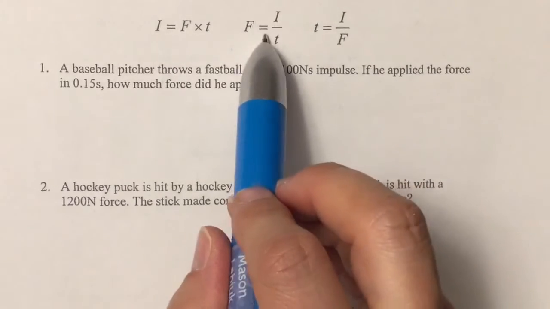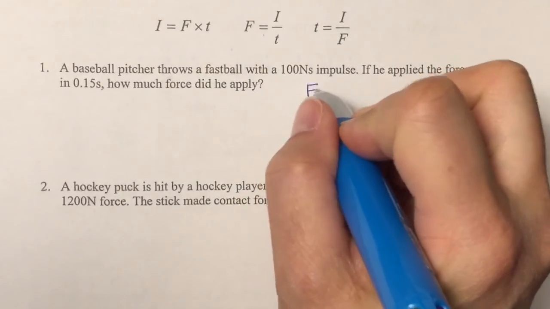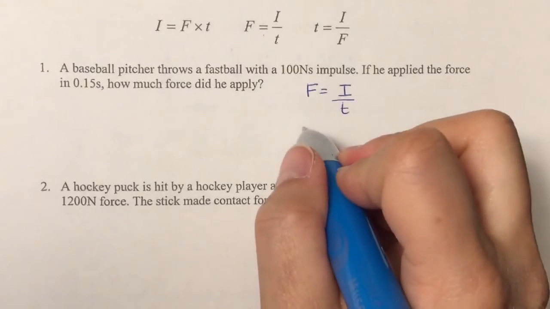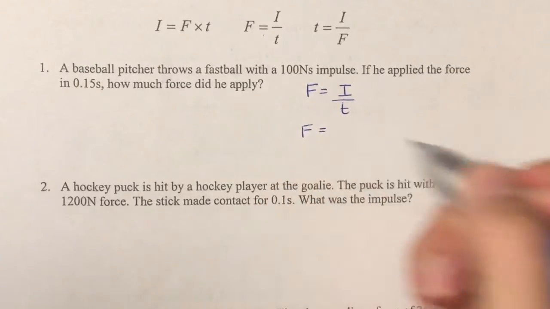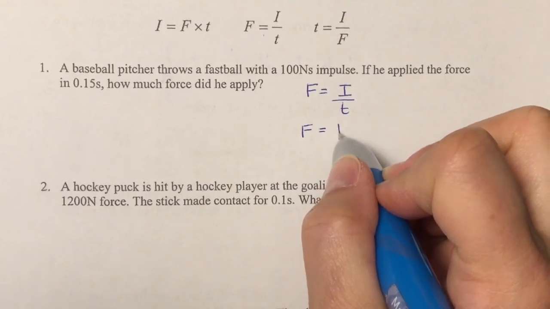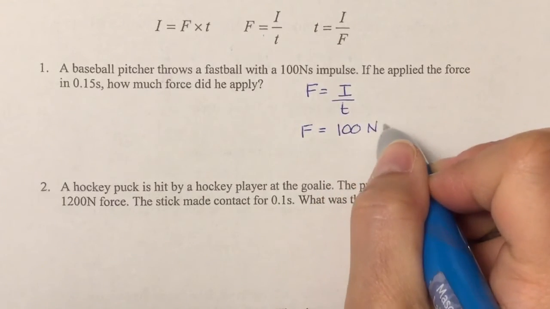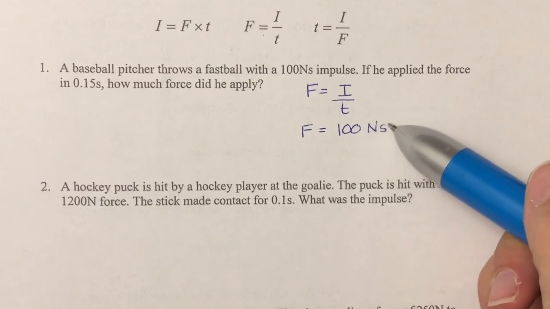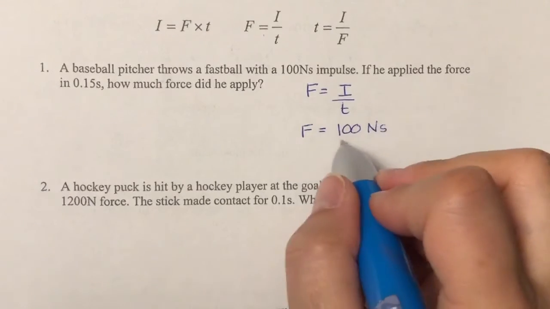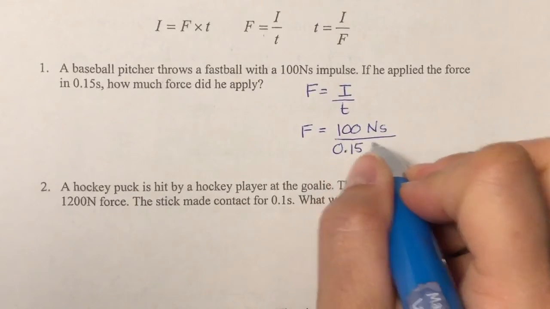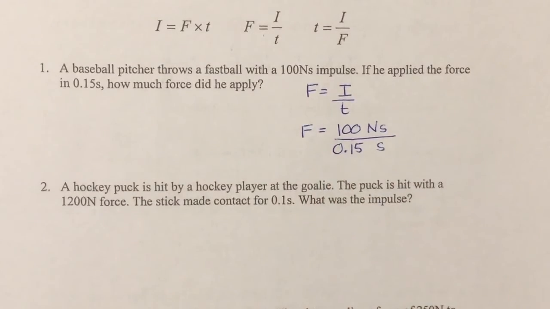So I'm going to use this middle equation. Force equals impulse divided by time. Plug in what I have. Force equals 100 N·s, those are the units for impulse, which is literally the units for force and the units for time multiplied together, divided by 0.15 seconds.